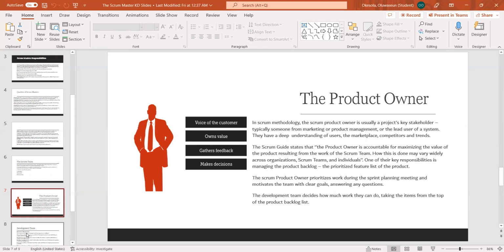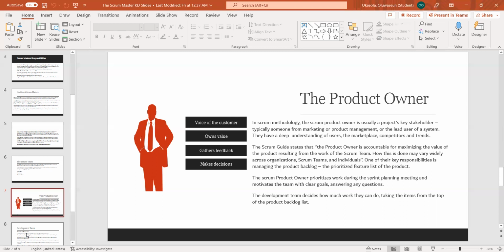The Scrum Guide states that the product owner is accountable for maximizing the value of the product resulting from the work of the Scrum team. So when the Scrum team produces work or develops a product, it is the responsibility of the product owner to maximize the value of that product, right?